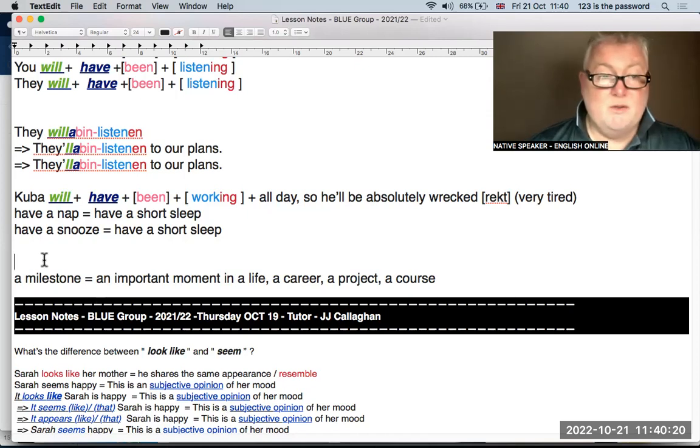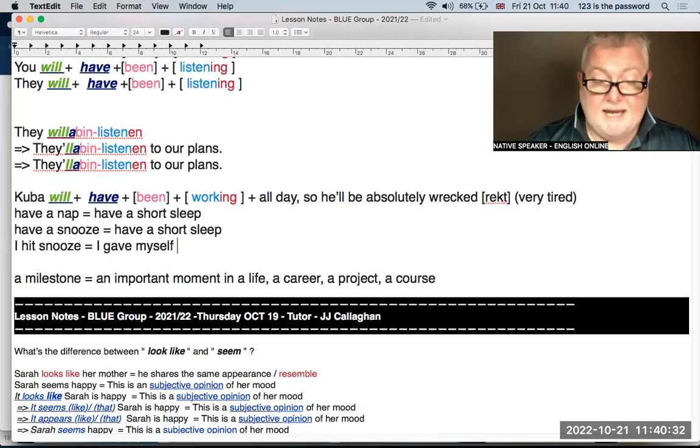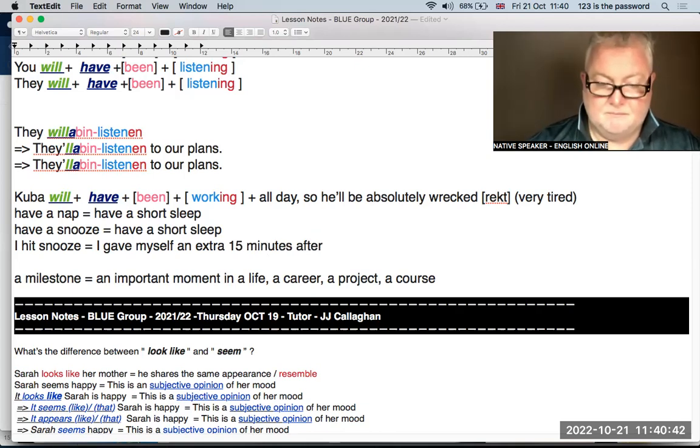What does hit snooze mean? It means I gave myself an extra 15 minutes, 10 minutes after my alarm clock went off.